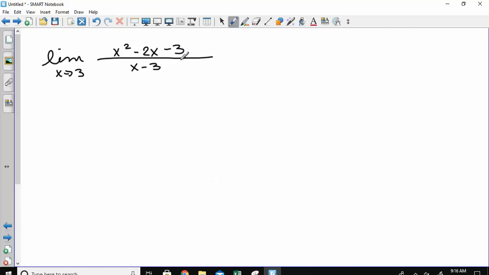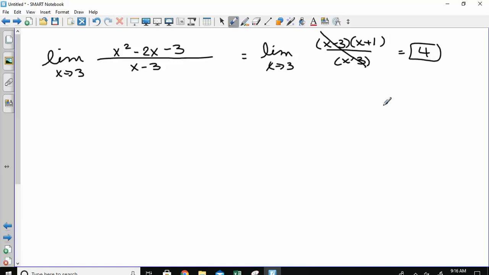We check, we can't just plug in because the bottom's 0, so if we factor the top, that factors into x minus 3, x plus 1, or x minus 3. So then the x minus 3 is dropped, and you can plug it in, 3 plus 1 is 4.